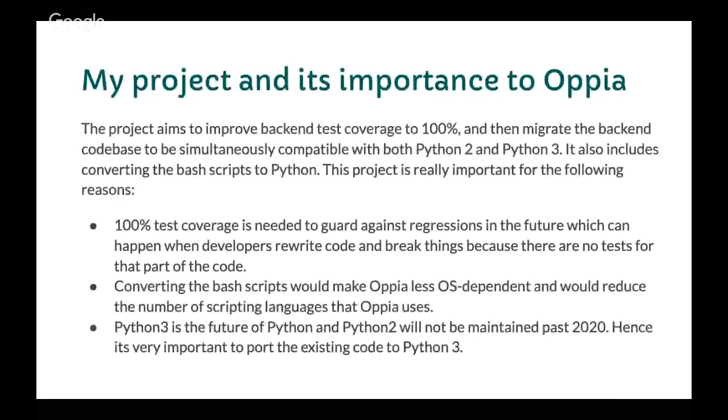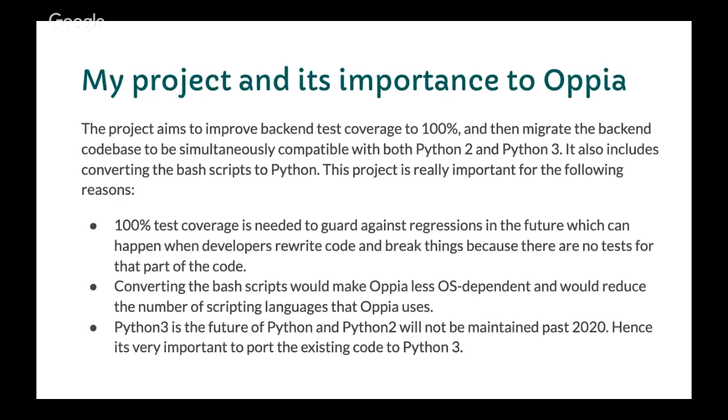The second part of the project is, okay, so actually, the bullet points should be swapped back there. So anyway, the second part of the project is to make our code base compatible with Python 3. This is a really important part of the project because Python 2 will no longer be maintained past 2020, and the migration needs to take place.